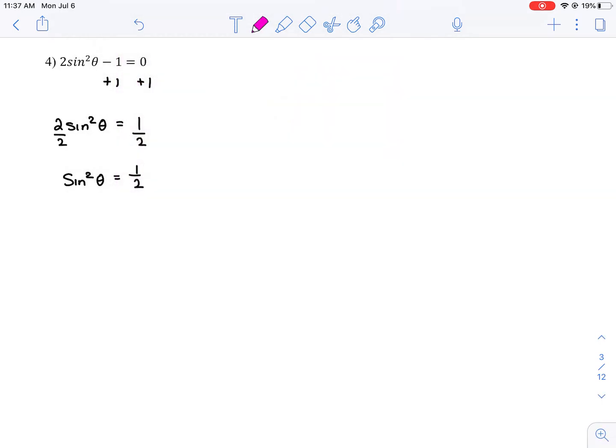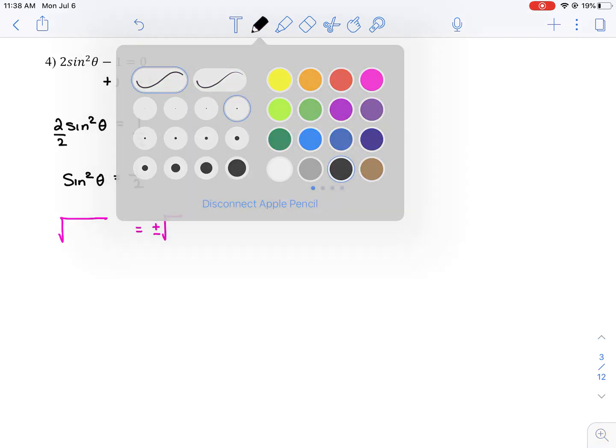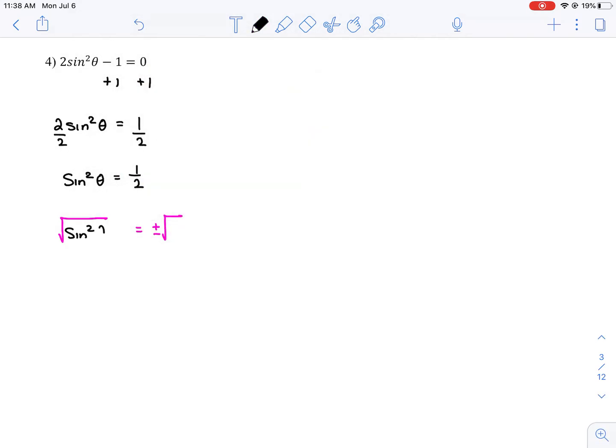Next, we're going to take the square root of both sides. And the square root of a square, they cancel, and you're just left with sine theta.